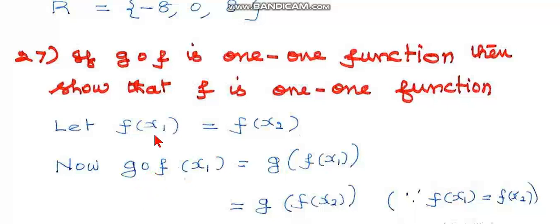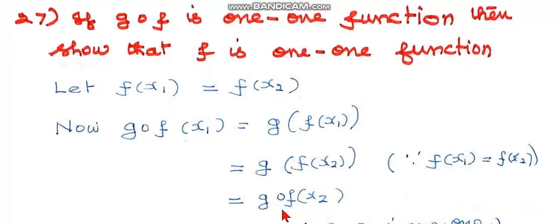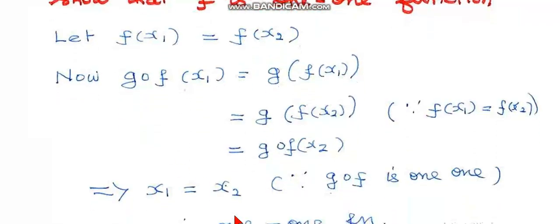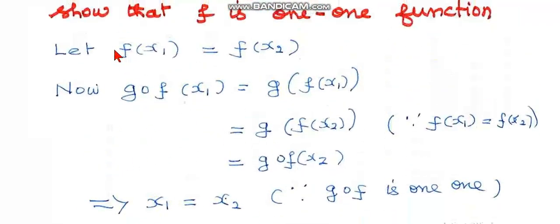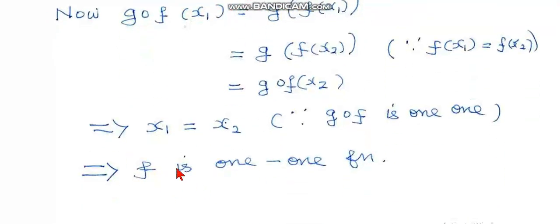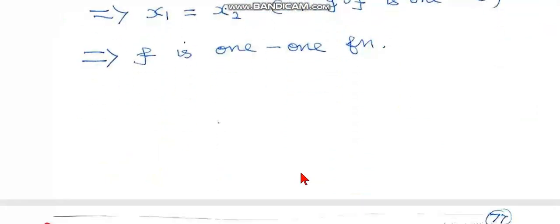By assumption, f of x1 equal to f of x2, so this is g of f of x2, that is g dot f of x2. But g dot f is a 1-1 function, so g dot f of x1 equal to g dot f of x2 implies x1 equal to x2. So we have shown if f of x1 equal to f of x2, then x1 equal to x2. Therefore f is a 1-1 function.